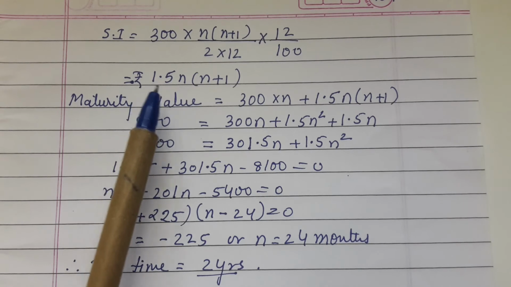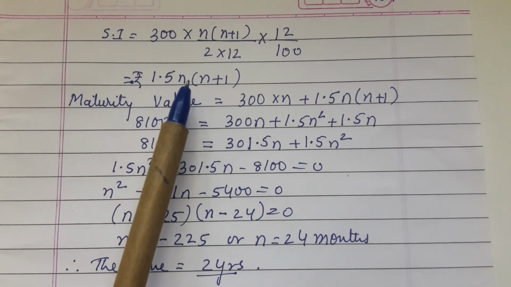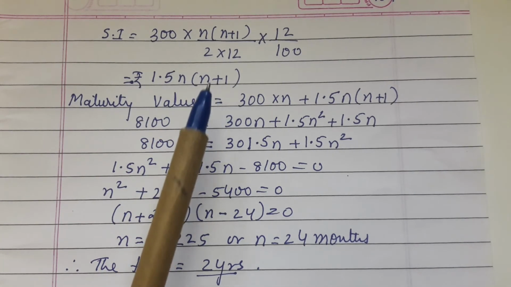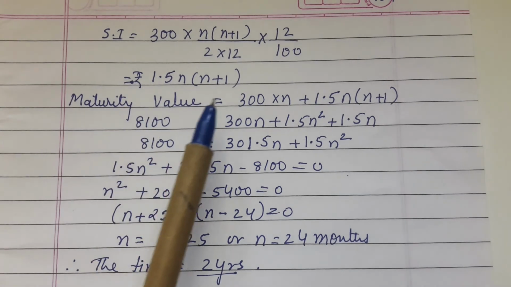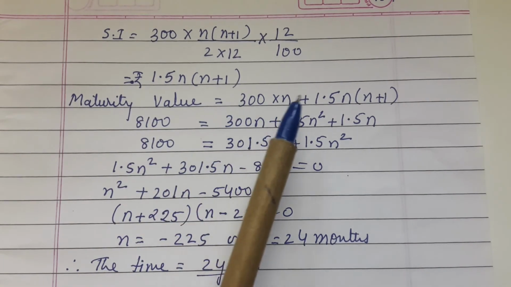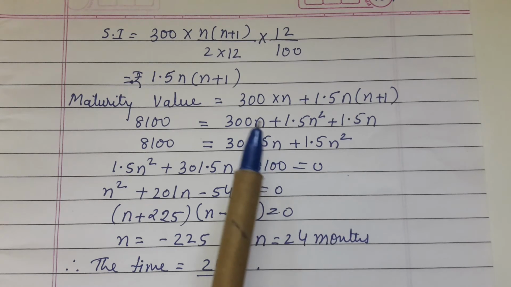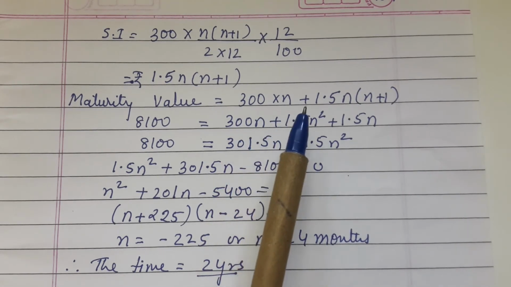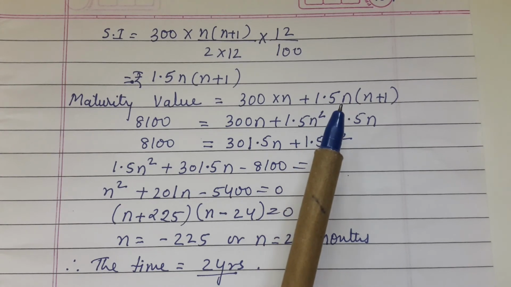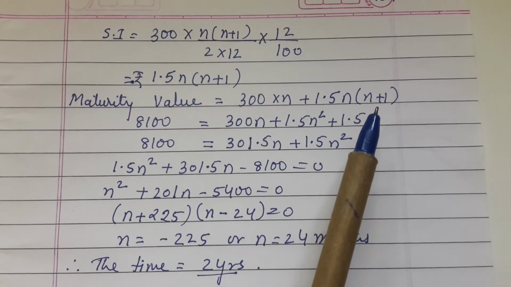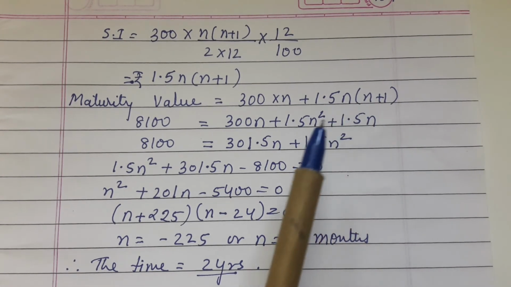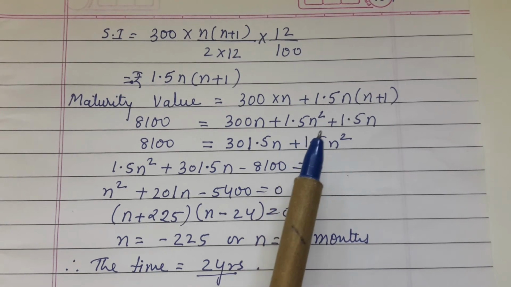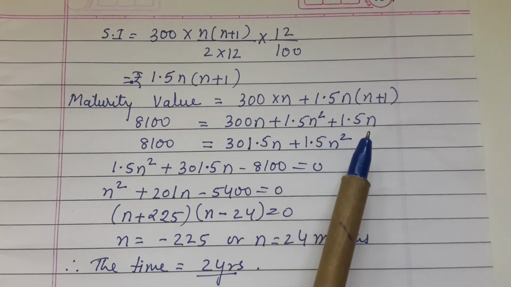That is equal to rupees 1.5n into (n plus 1). Maturity value is equal to P into n plus interest. That is 300n plus 1.5n into (n plus 1). Open the bracket: 1.5n square plus 1.5n.